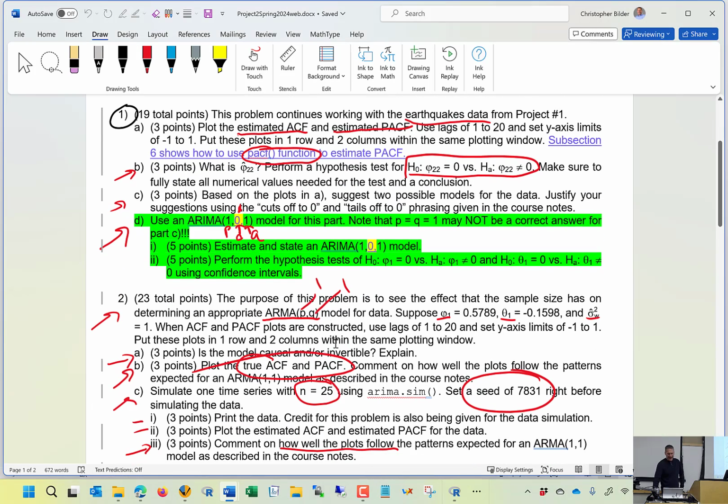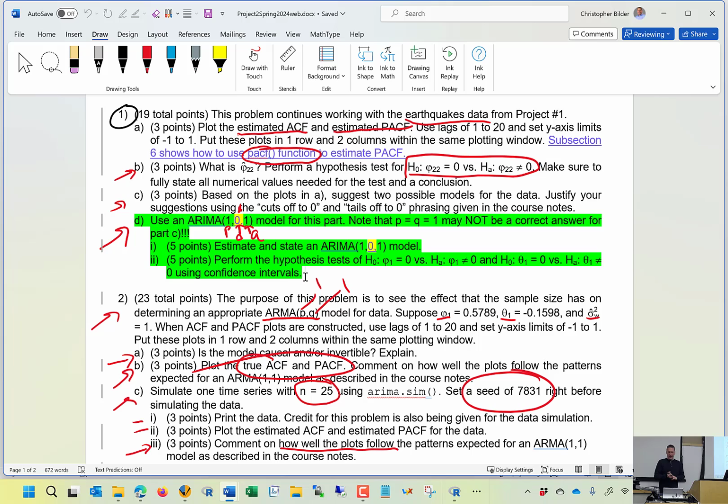The only thing we hadn't talked about was the estimation for the earthquakes data. After doing subsection 9 in my notes, this should be relatively straightforward. Use the ARIMA function. Estimate a model with P equal 1, D equal 0, Q equal 1.